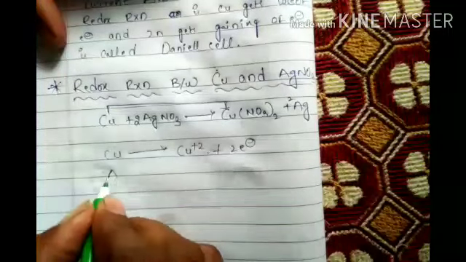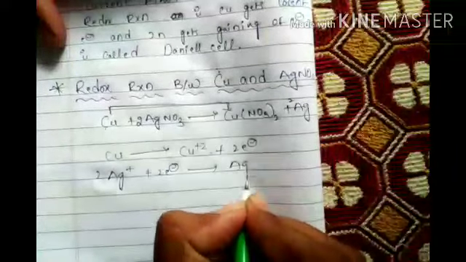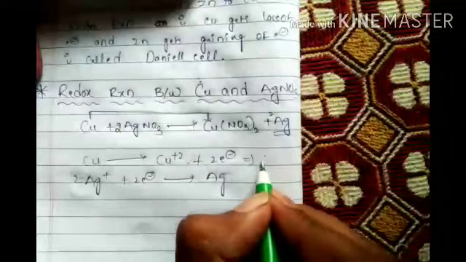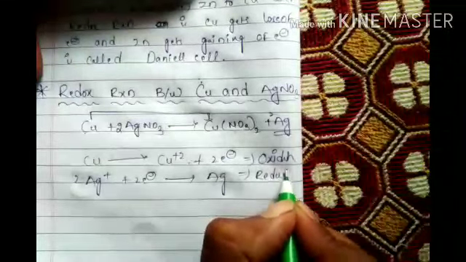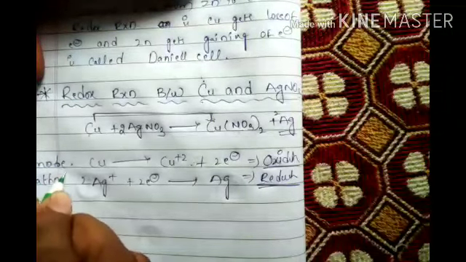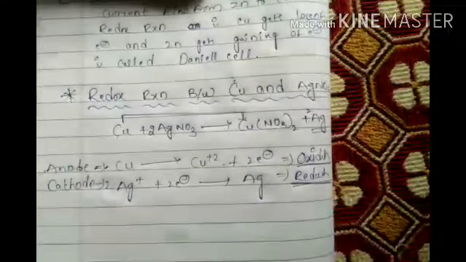Now Ag plus, there are 1, 2 of them, so gaining 2 electrons, it becomes Ag. Here is oxidation, here is reduction. Oxidation at anode, reduction at cathode. That's it. This is the redox reaction.